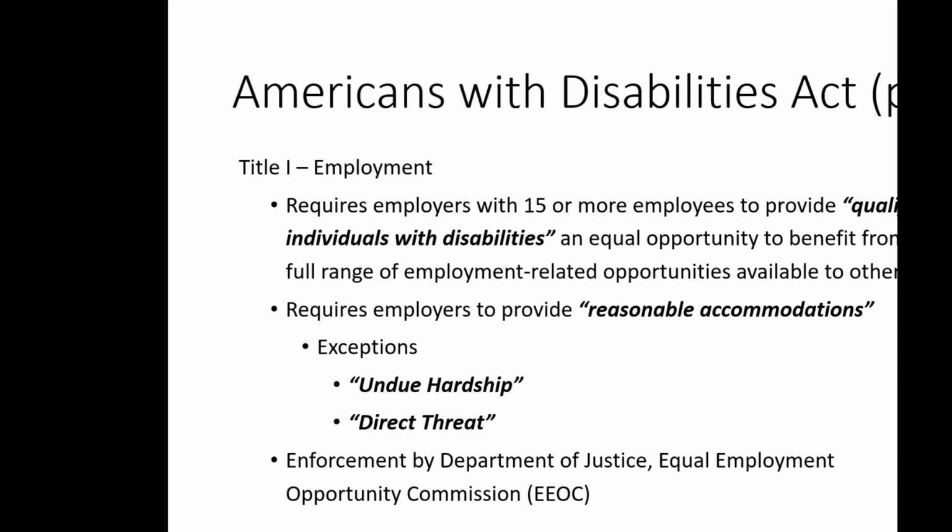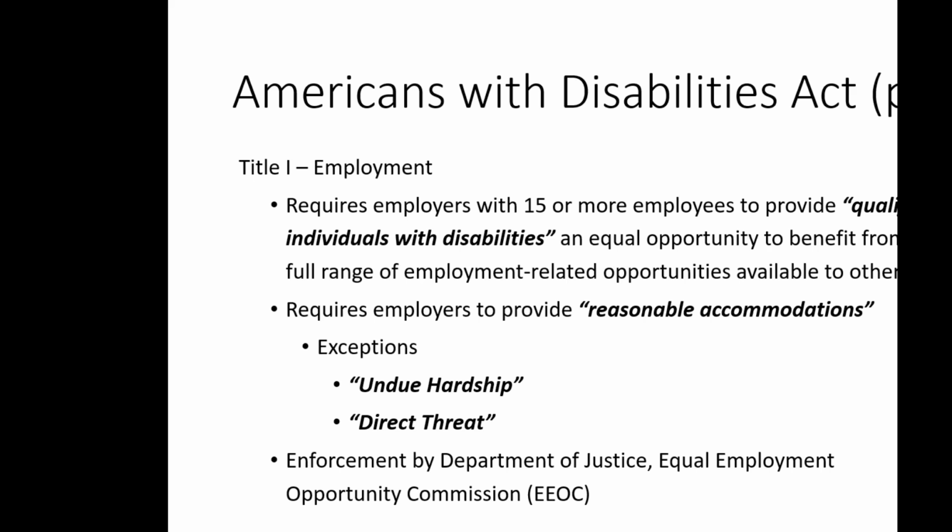It restricts questions that can be asked about an applicant's disability before a job offer is made, and it requires that employers make reasonable accommodations to the known physical or mental limitations of otherwise qualified individuals with disabilities. Yes, I did say that most accommodations will only cost about $300 for employment.